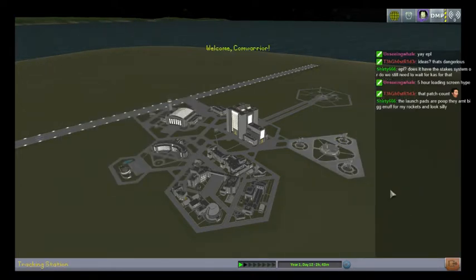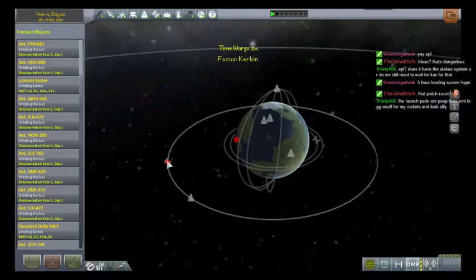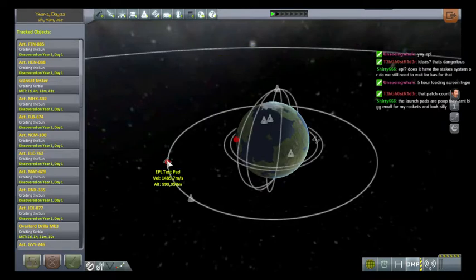So for those that are actually interested, I will take you off to something that I cheated into orbit. And as you can see, I am running RemoteTech.